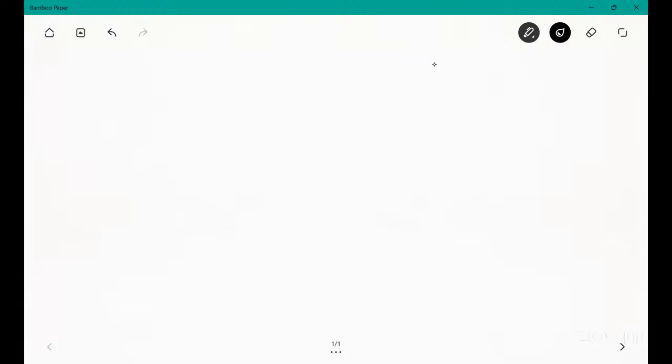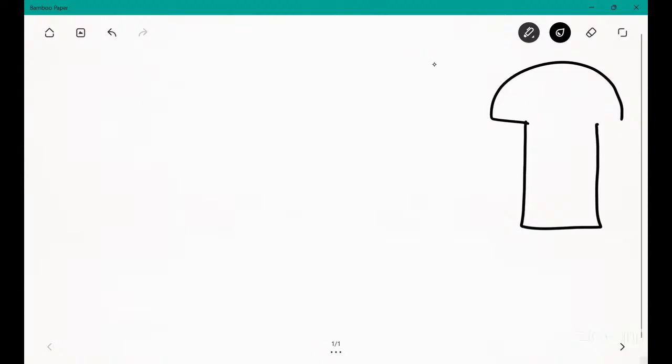So first let's draw this figure over here. Okay, so here they are saying that this part is 7. These two are 7. This is BC over here.